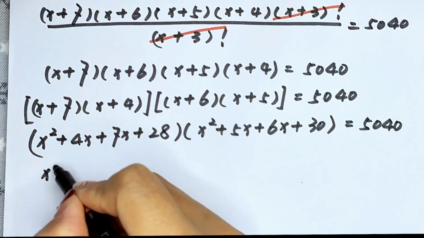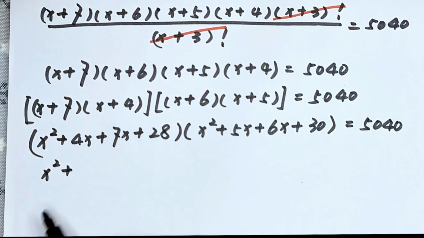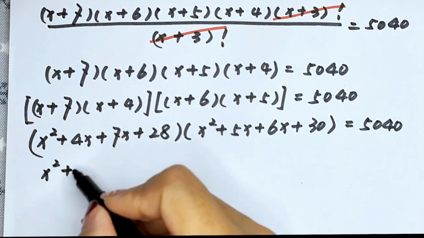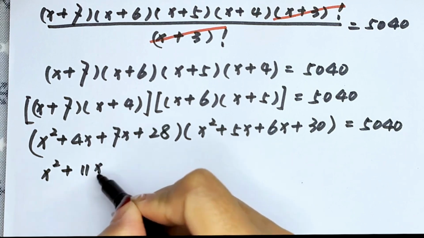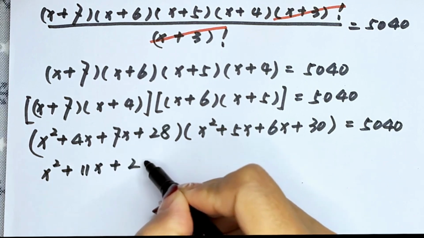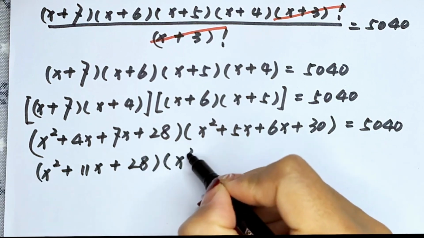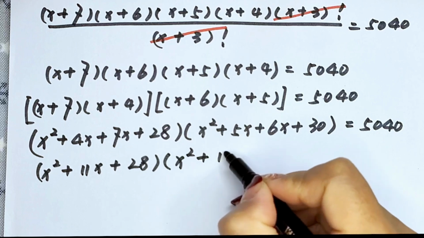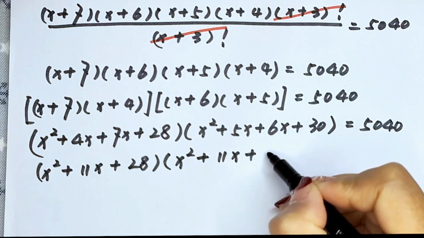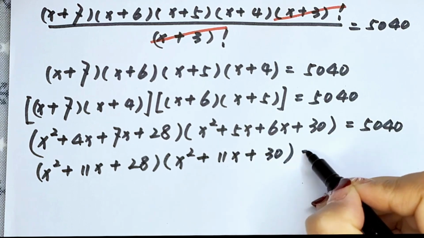Then x squared plus 4x plus 7x equals 11x plus 28, times x squared plus 11x plus 30 equals 5040.